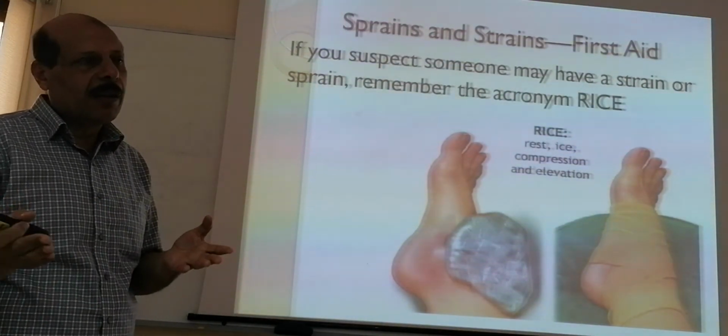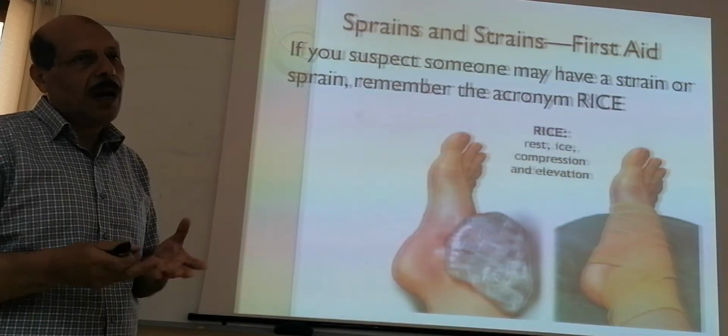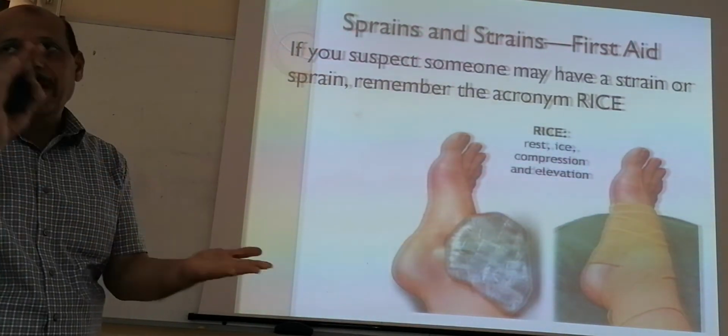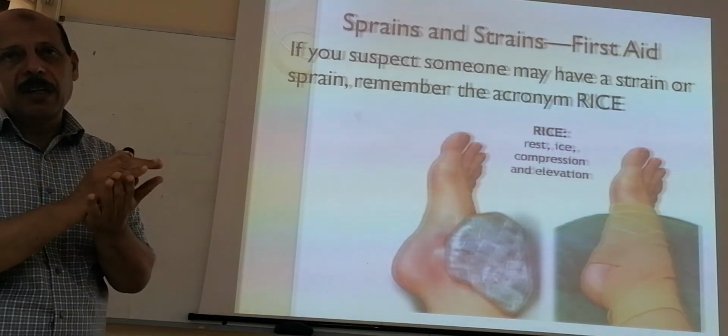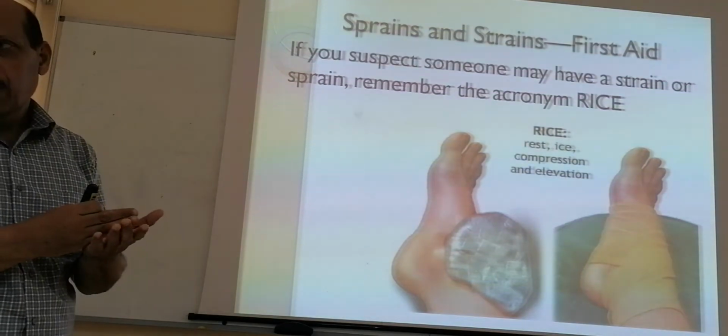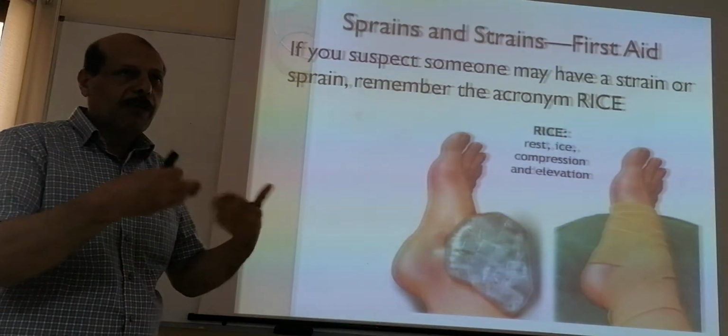If it is not there, we can use ice in a plastic bag and put it over the area, but not directly over the tissues, especially if there is injury of the tissues. So we have to be protected.